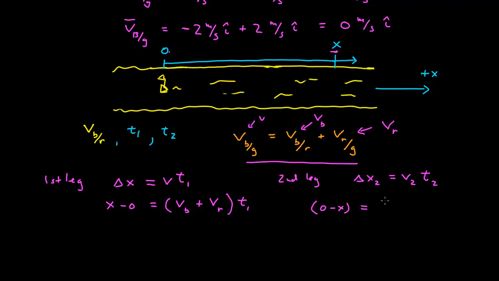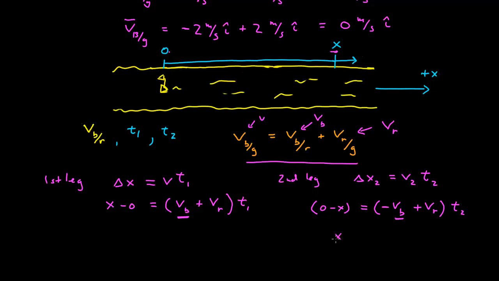So if we say vb is positive, it's the speed at which it can propel itself relative to the water. We can say that this is negative vb. It's going in the opposite direction, but the river velocity is still flowing in the positive x direction. So we know that this vb is the same value as this vb, times t2, that's equal to negative x.